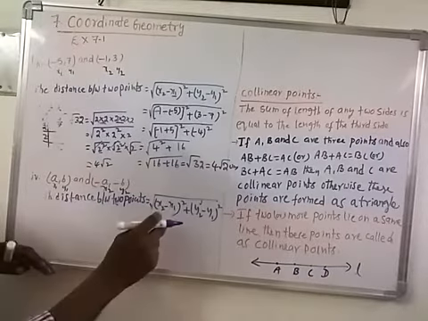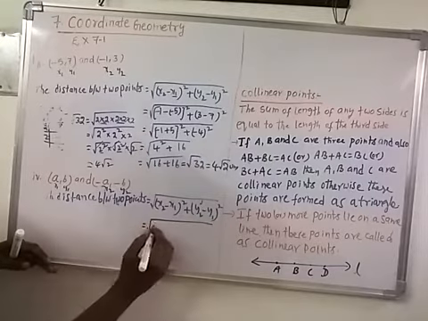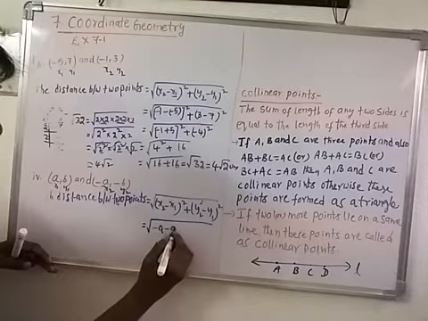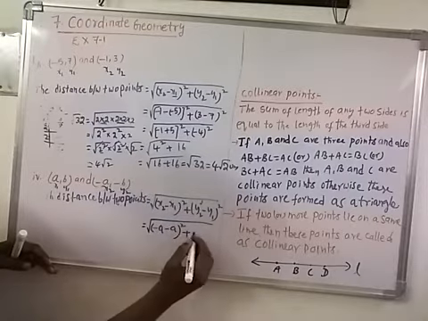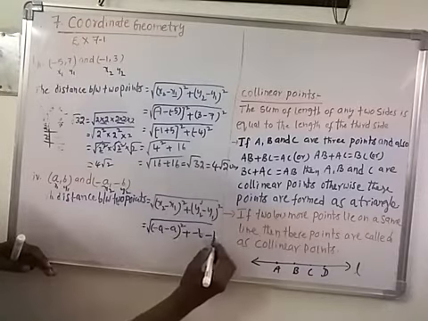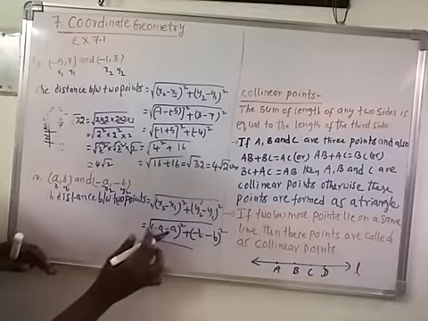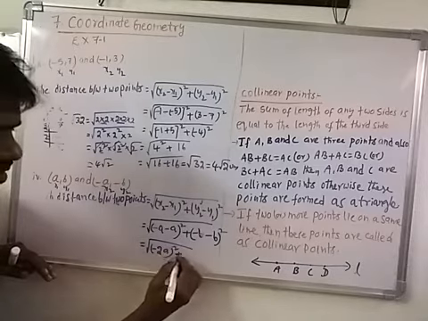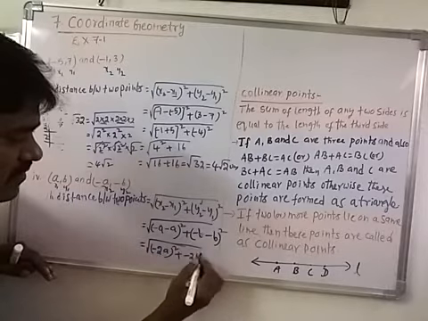So we substitute these values in this formula. That equals the square root of x2, which is minus a, minus x1, which is a, whole square, plus y2, which is minus b, minus y1, which is b, whole square. That equals the square root of (minus a minus a, that is minus 2a) whole square plus (minus b minus b, that is minus 2b) whole square.